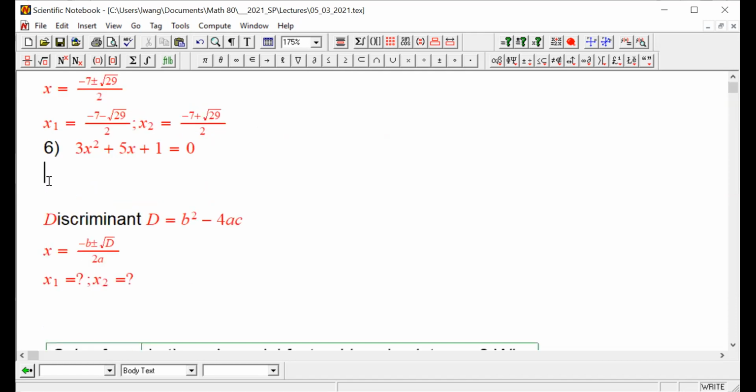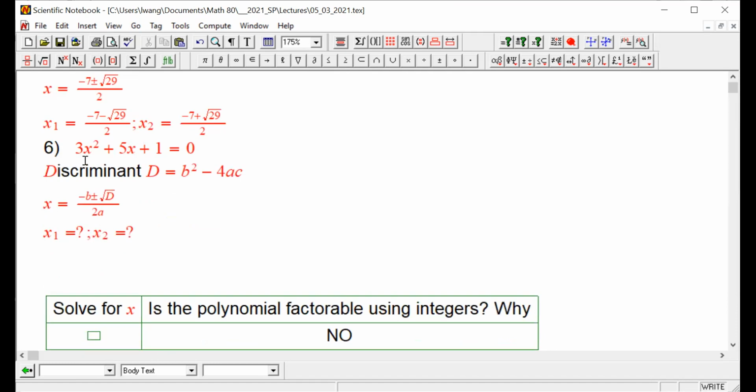The next one, I'm going to also use the same procedure. B is 5, A is 3, and C is 1. So 25 minus 12 is 13.